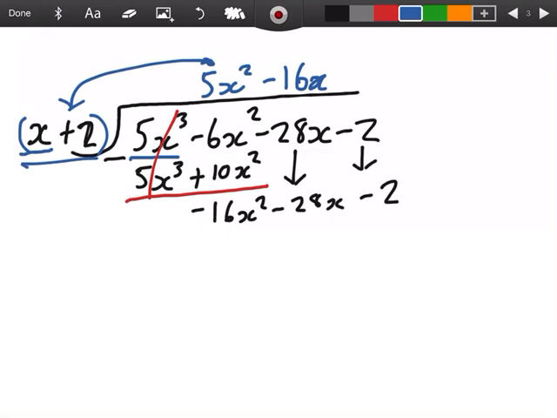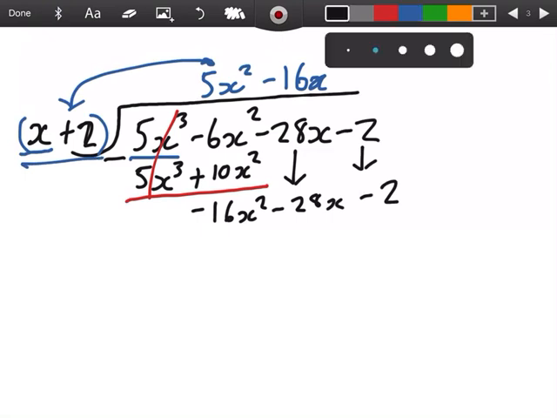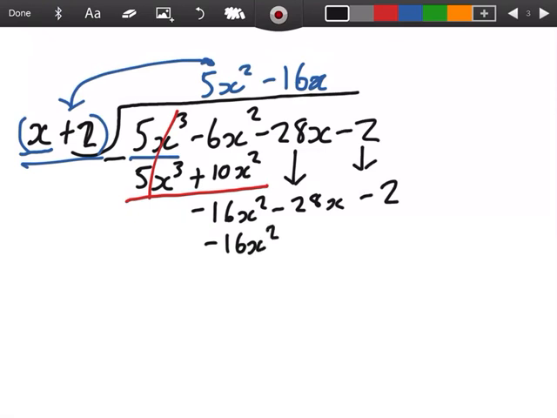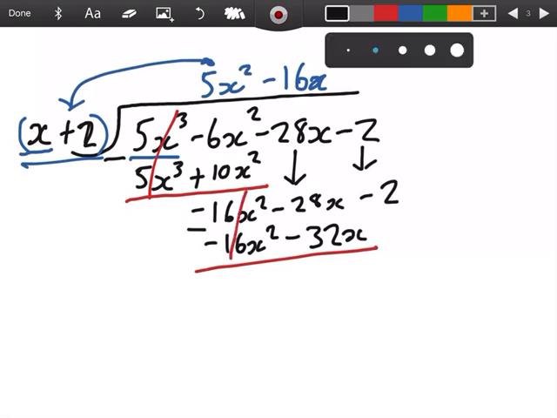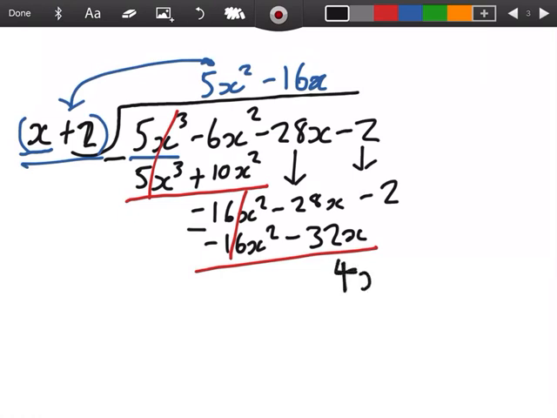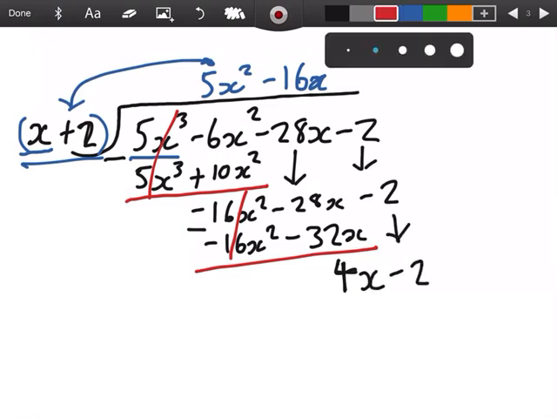And so we get negative 16x squared, plus negative 32x. Right? And then we take away again. These cancel out, and that's 4x, bring that down. Negative 2, final part.